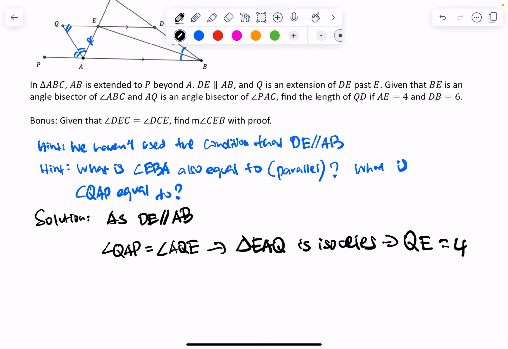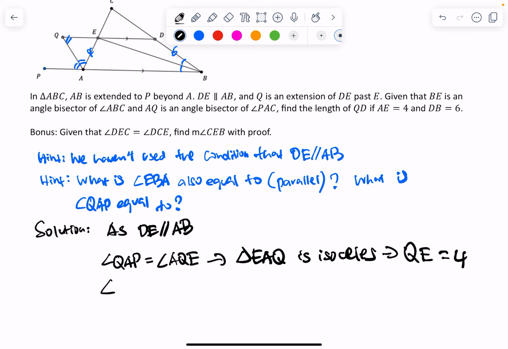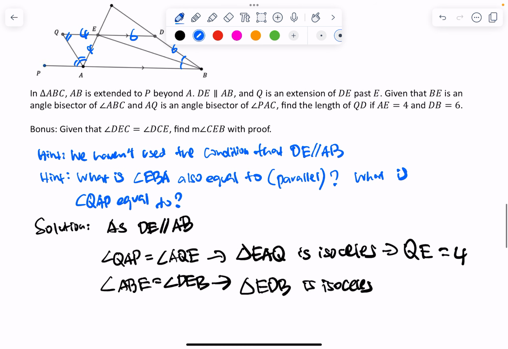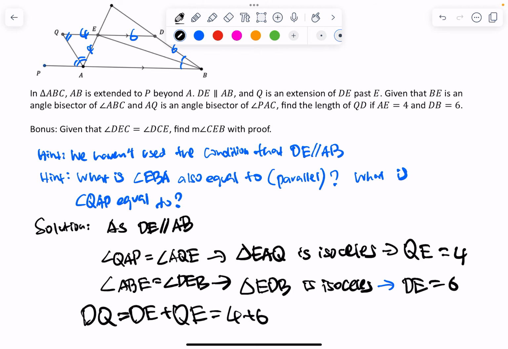Similarly, we also have that angle ABE is equal to angle DEB. So, this implies that triangle EDB is isosceles. What does this mean? DE equals 6. So DQ is equal to DE plus QE equals 4 plus 6 equals 10.